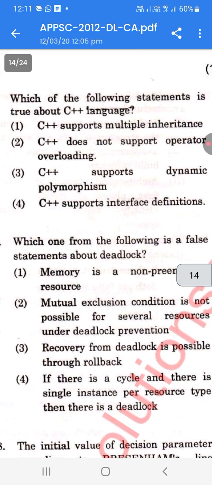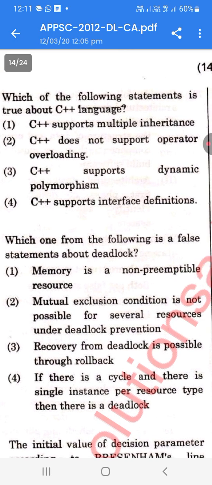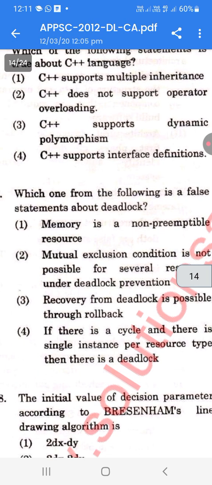True statements are C++ supports multiple inheritance, supports dynamic polymorphism, supports operator overloading. Fourth option is wrong answer. C++ does not support interface. Interface definition is wrong.